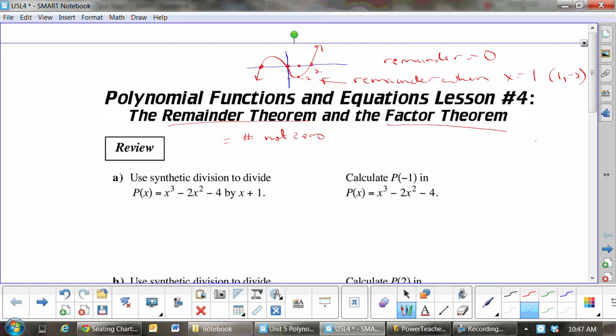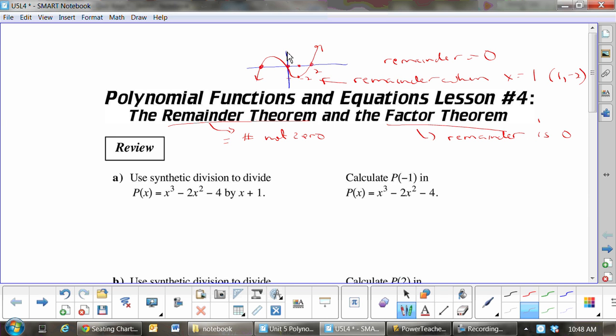A factor theorem is when the remainder is 0. I know it seems kind of funny, like, what? That's not a theorem, that's what we already did last class, yes we did.